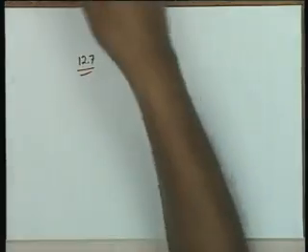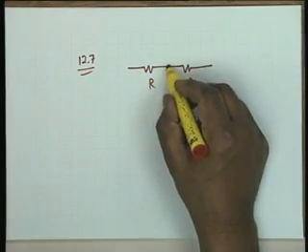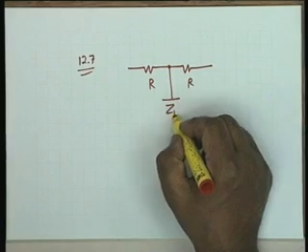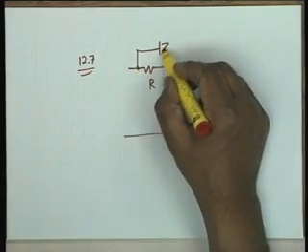Here is a constant resistance network. It is a constant resistance bridged T circuit, and the circuit is like this. R, you have a ZB and a ZA.